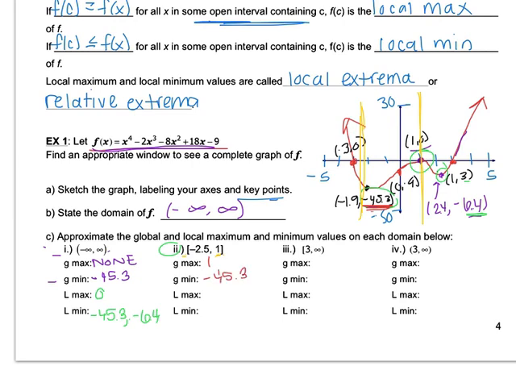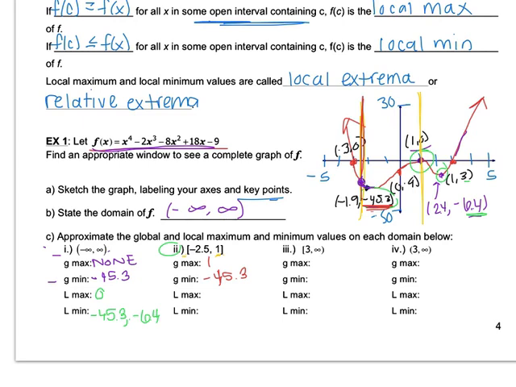A local max is locally higher than any other y value in that area. This is going to seem a little weird, but right here where the edge of our boundary is at negative 2.5, the y value at that point is actually going to be higher than any other y value right there on this domain because it goes down from there.